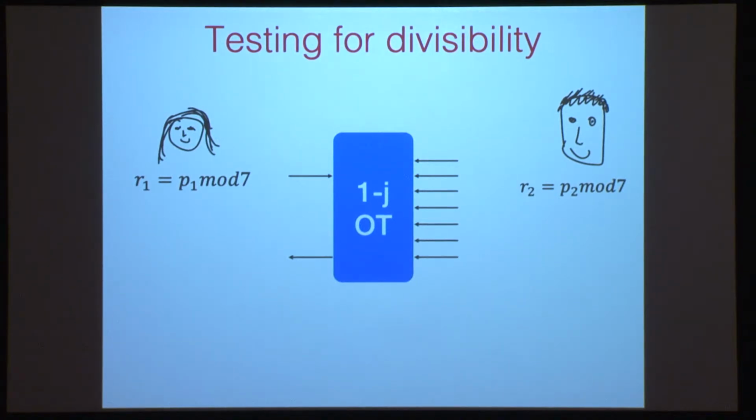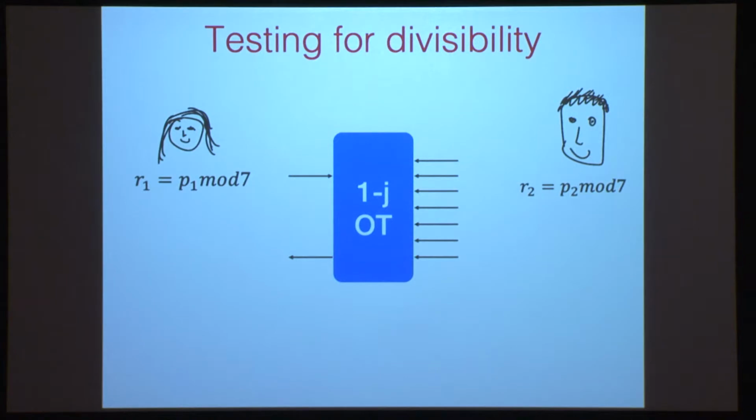Now, what is the goal of this protocol? Well, the goal is actually twofold. One, I do want to find out if it's divisible, because if it's divisible, I want to eliminate it. But if it's not divisible, I don't want to know any information about what you had, right? I mean, you want to protect p1 plus p2. So this protocol should still be secure in that sense.